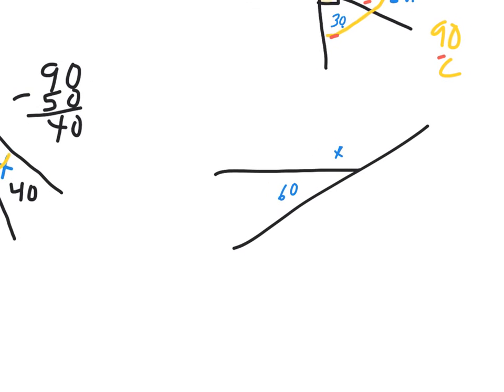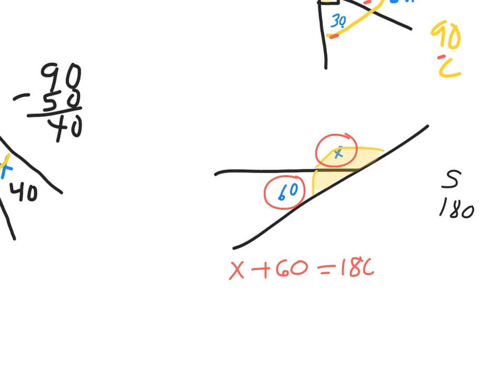Let's look at this one. Two angles. I have this angle here and this angle here. And those also form a little semicircle there. So these must be supplementary, which add up to equal 180. And using algebra, this x and the 60 are going to add up to equal 180.